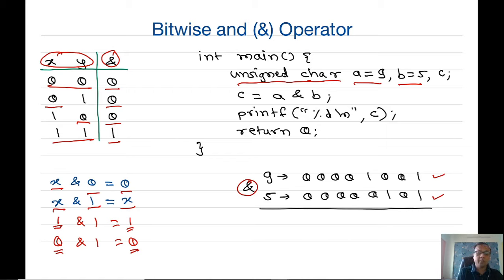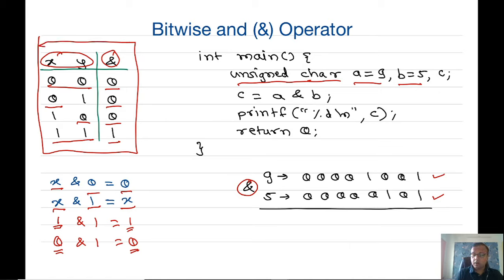As the truth table is already in front of you, 1 and 1 gives me the last bit, the LSB, that is 1. 0 and 0 will yield 0, 0 and 1 will yield 0, 1 and 0 will again yield 0, and the rest of the bits, as you are seeing, will always be 0. What is this number? This number is nothing but 1. I hope you are able to see that C will be equal to 1. You can try to print it. This is a quick introduction to bitwise AND.